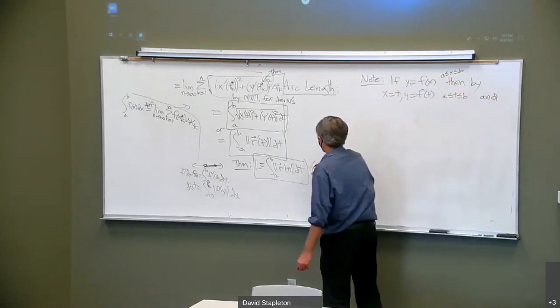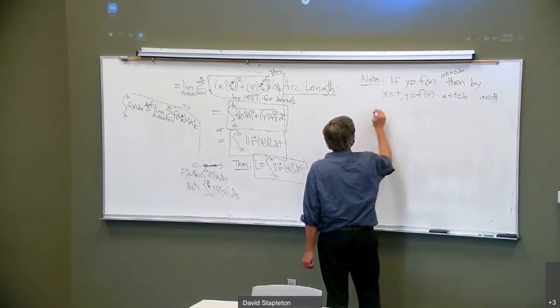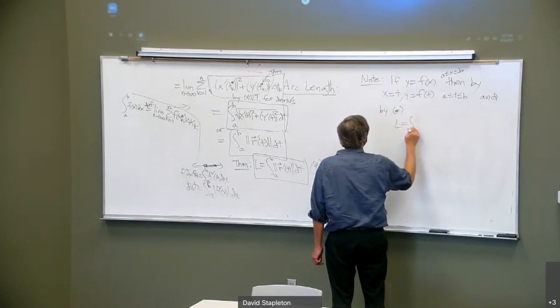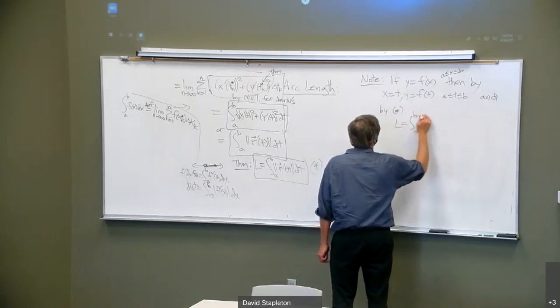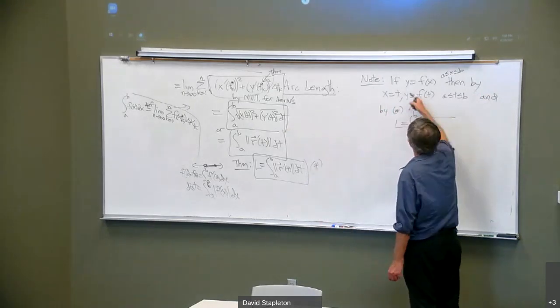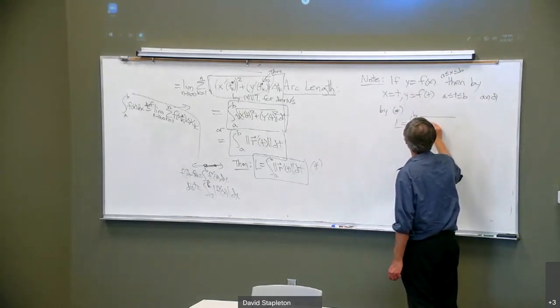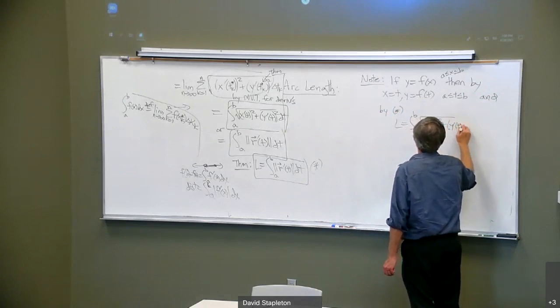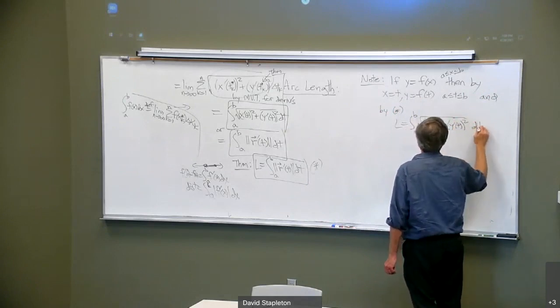By star, we get that the arc length is the integral from a to b of the square root of x prime of t squared plus y prime of t squared dt.